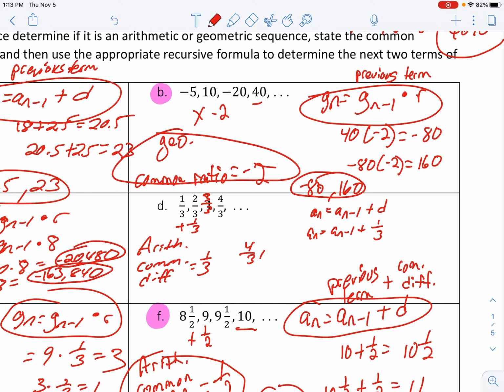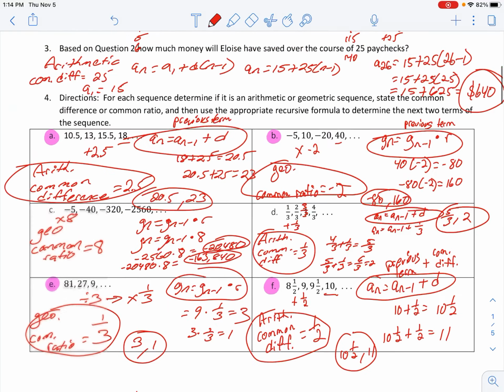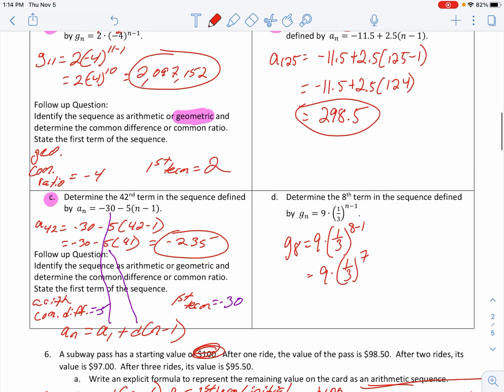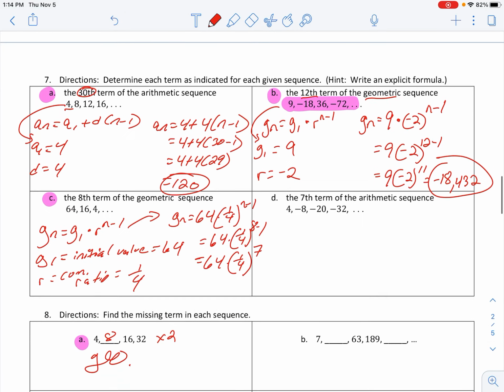So we left off at 4/3. Plus a third is to add the numerators, keep the denominator. Then 5/3 plus the third is 6/3, which we reduce down to 2. So the next two numbers are 5/3 and 2. Fractions. All right, next ones. We did all that in class.